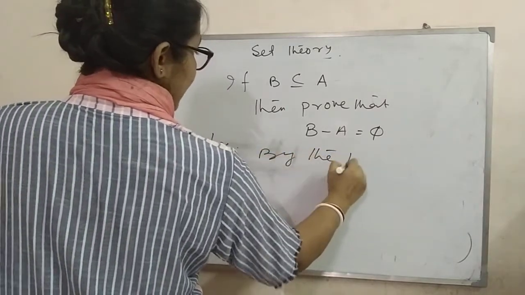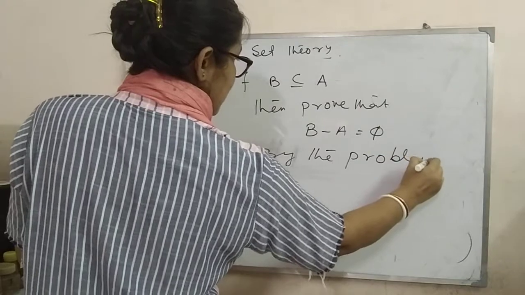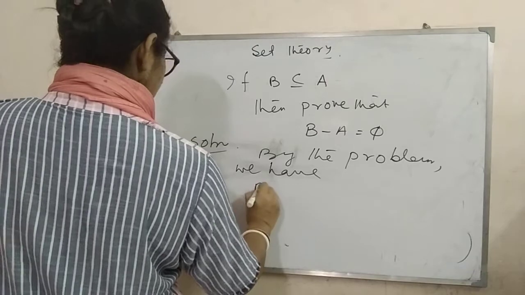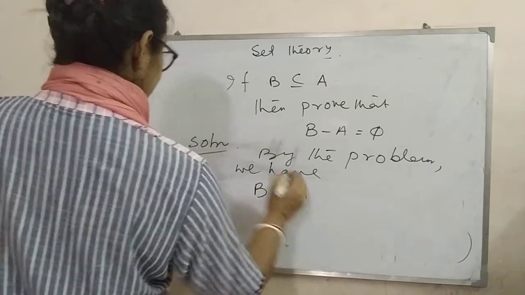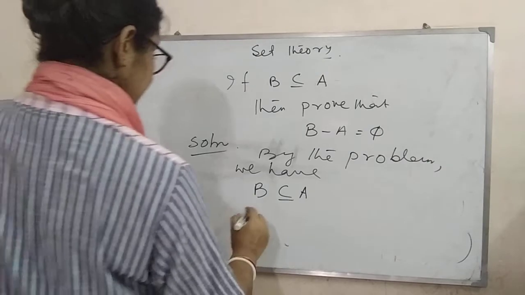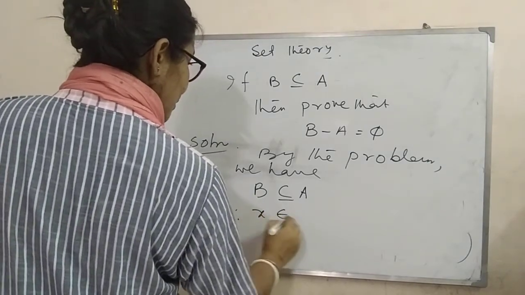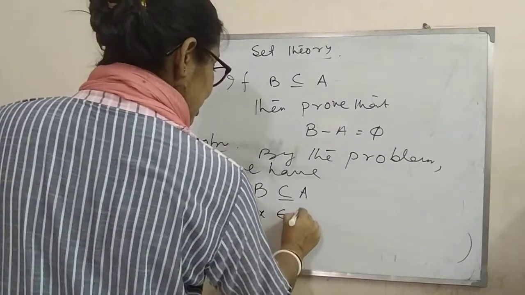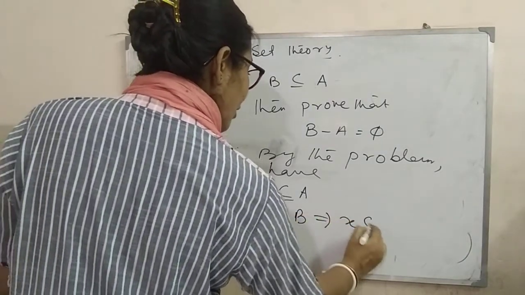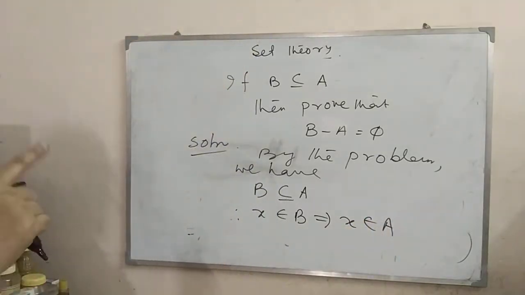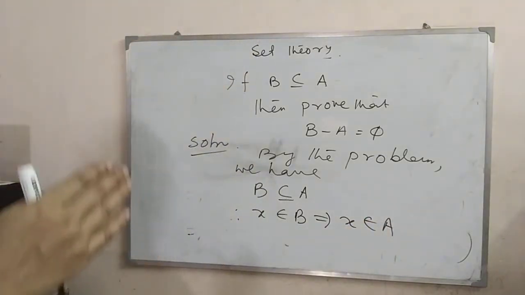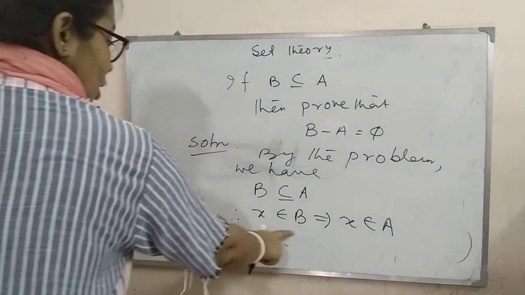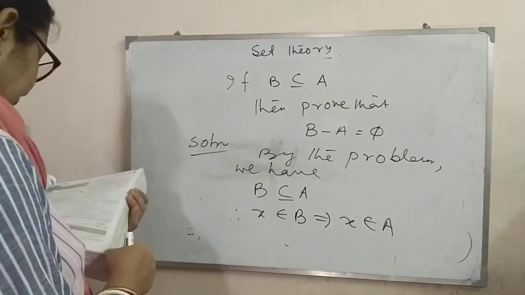By the problem we have B subset of A. That means if X be any element of B, then X belongs to B implies X belongs to A. B is subset of A, that means any element of B belongs to A.